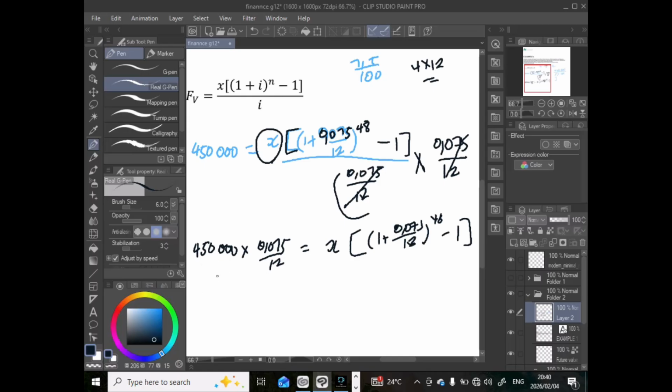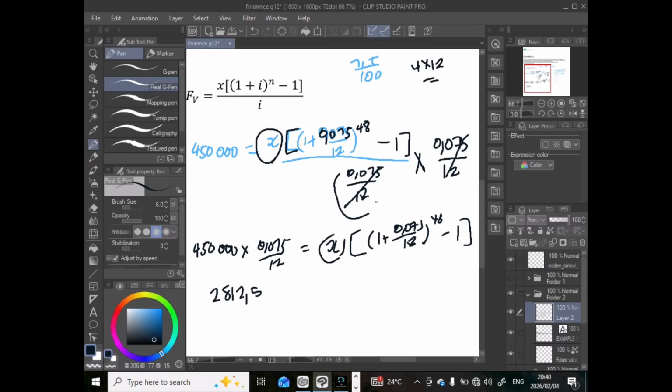So let's find the answer here. 450,000 multiplied by 0.075 over 12. The answer will be 2,812.5. So now we have these two things, and we have this x multiplied by this.